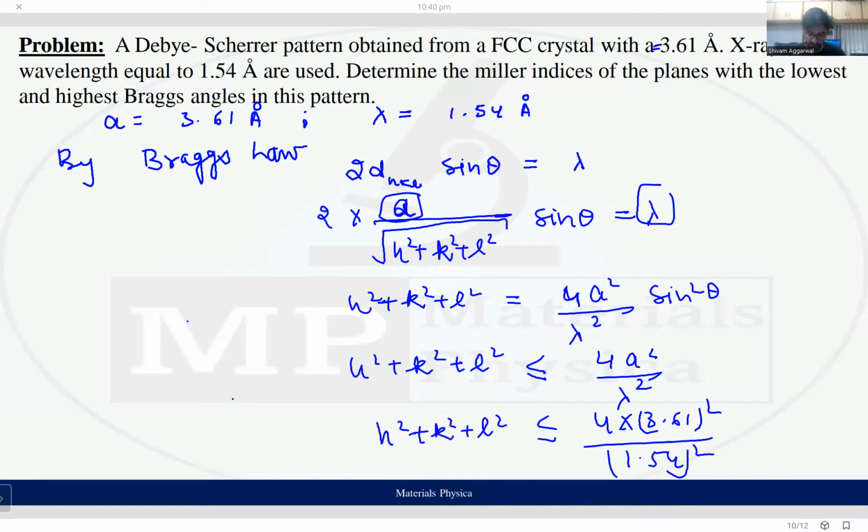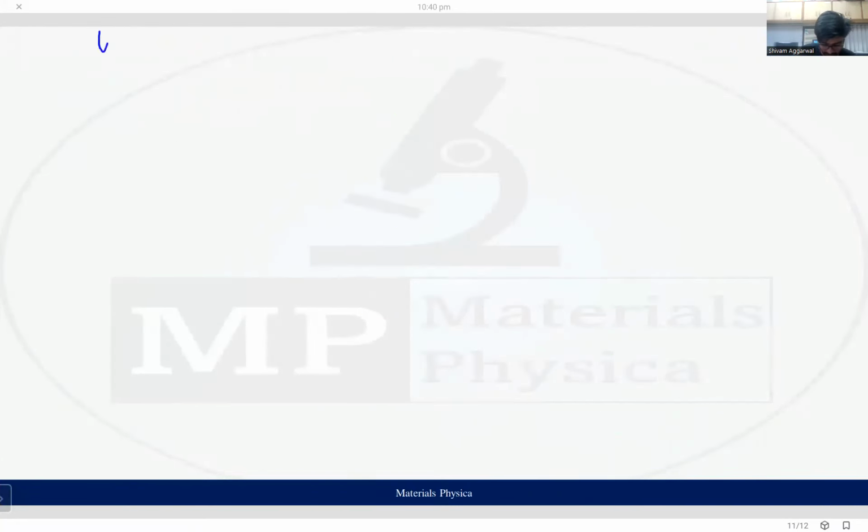So when we calculate it, we will get h square plus k square plus l square should be smaller than or equal to 21.97.